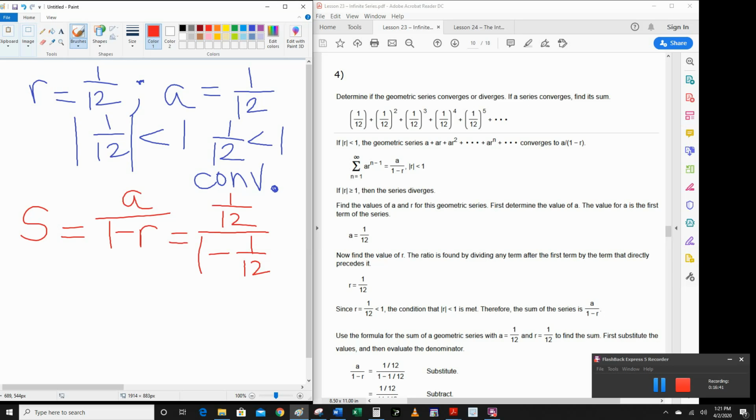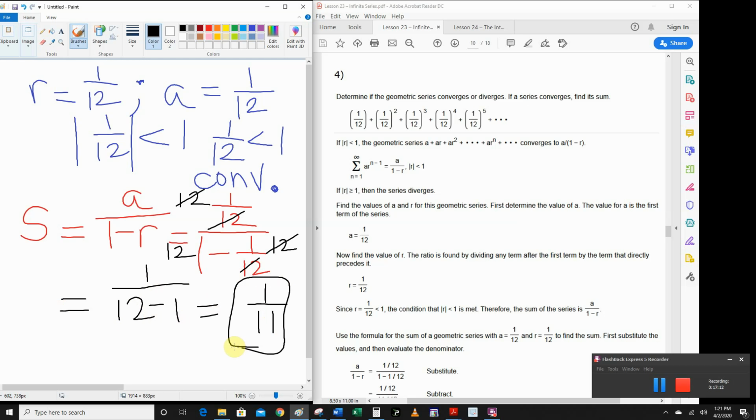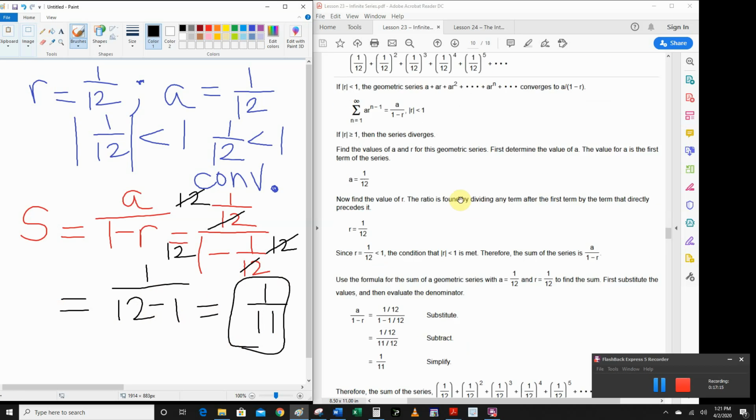Again, a simple way of reducing our complex fraction is by multiplying the entire complex fraction by the common denominator, which in this case is 12. Cancel out your 12s, and you're left with 1 over 12 minus 1. So the sum of our geometric series is exactly 1 over 11.